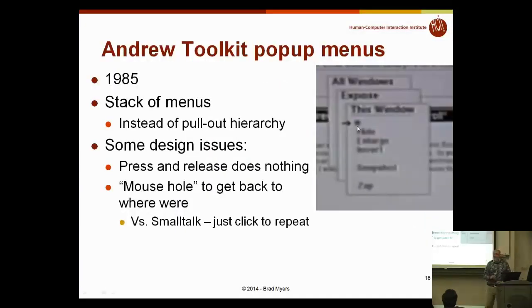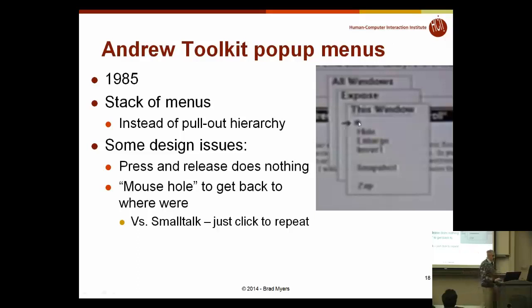So in these menus, they had the same thing, but the thing you wanted to do may be far away. And so they had the idea of this, I forget what they call it, mouse hole, which if you slid into the mouse hole would bring you to the last item you selected. And so that was a way that they thought they could make it easier for people to do the same operation over and over again.